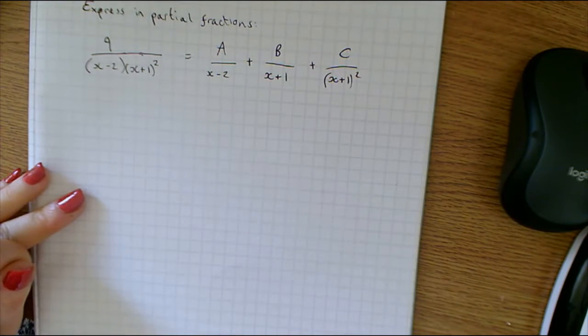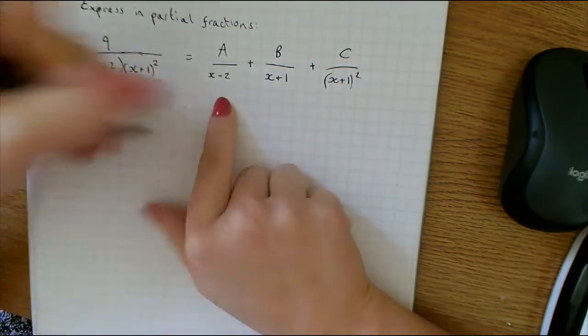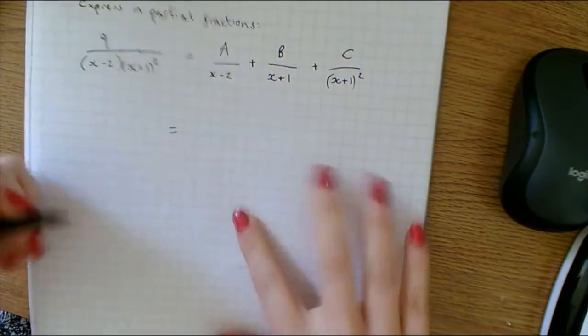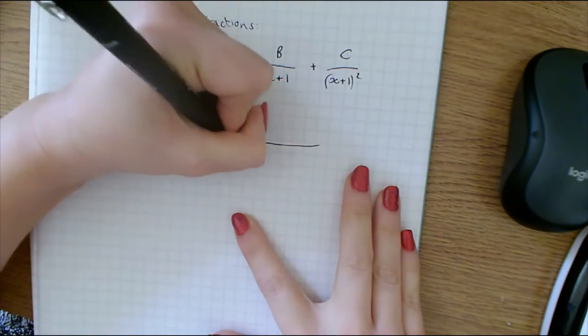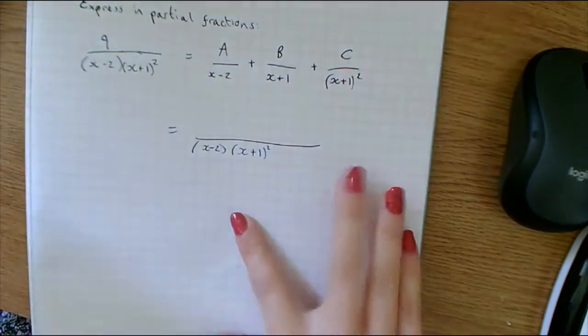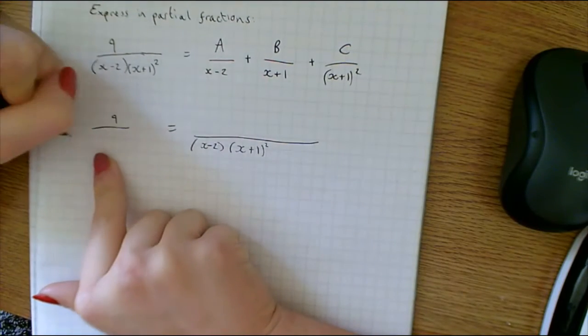So then after that, we do the same process that we've looked at already. With this fraction, our common denominator becomes (x minus 2)(x plus 1) squared.